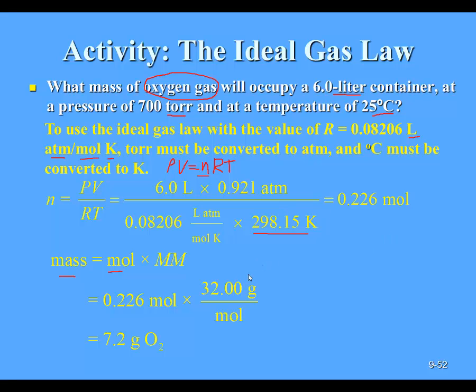I calculated the molar mass of oxygen gas, which is 32 grams per mole: 16 grams for every oxygen, and I have 2 oxygens in the formula, so that's where I'm getting the 32. So I take the 0.226 moles times 32.00 grams per mole. It tells me that in this gas sample we are studying, we have 7.2 grams of oxygen gas.